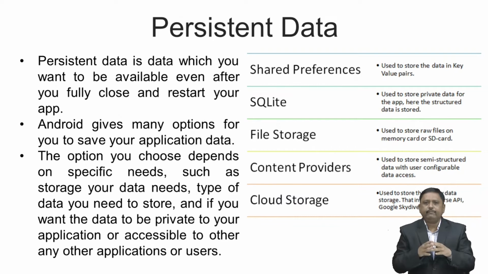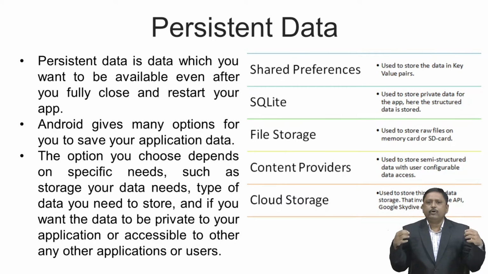So for that we require content provider. If we want to store huge amount of data, then we can store it on cloud. If we want to access data within app only, then we can use shared preference or SQLite database or maybe file storage. So it depends on the type of use.